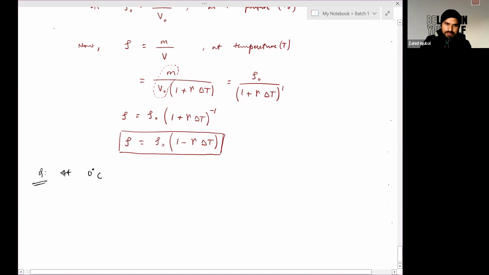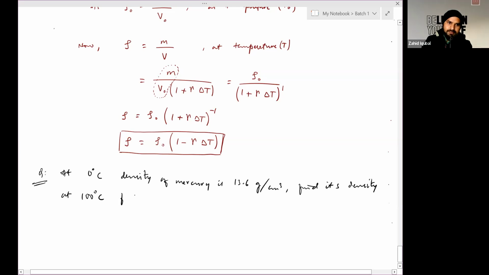At 0 degrees Celsius, the density of mercury is 13.6 gram per centimeter cube. Find its density at 100 degrees Celsius, if gamma is 2 into 10 to the power minus 4 per Kelvin.